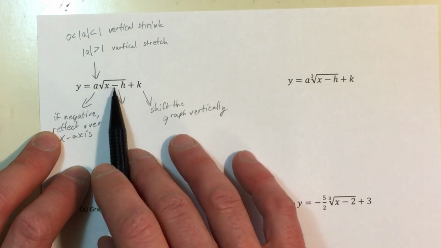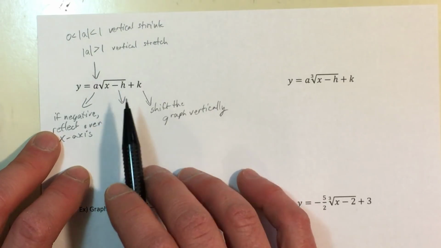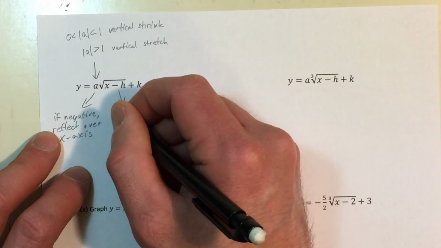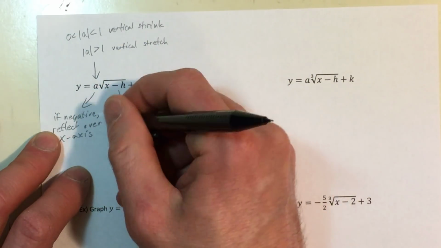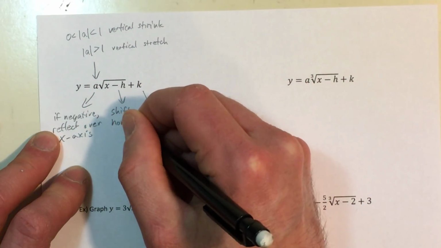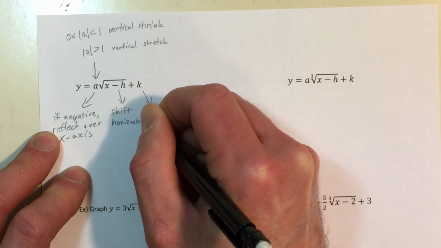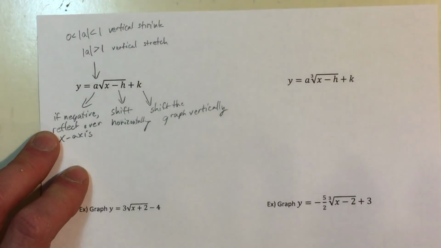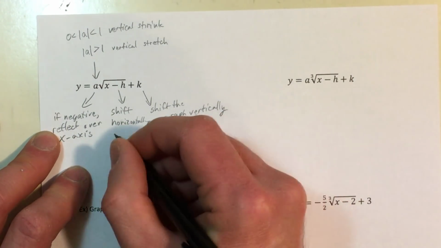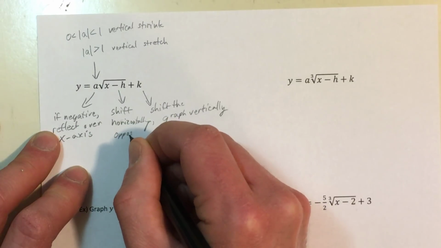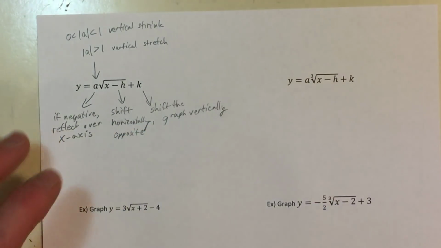If you add or subtract within that operation, a curious thing happens. It's going to be a shift horizontally, and it's the opposite of what you think.